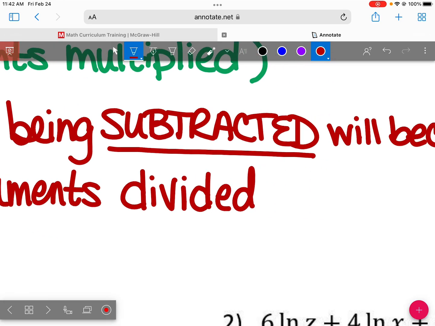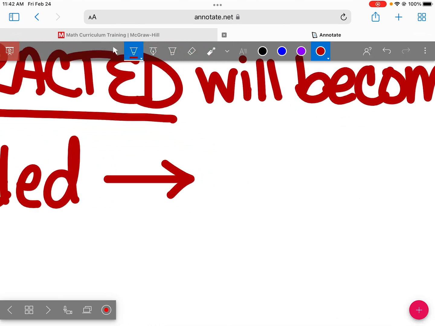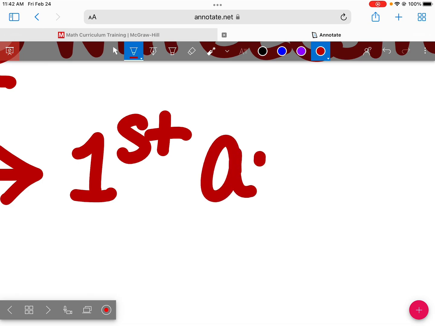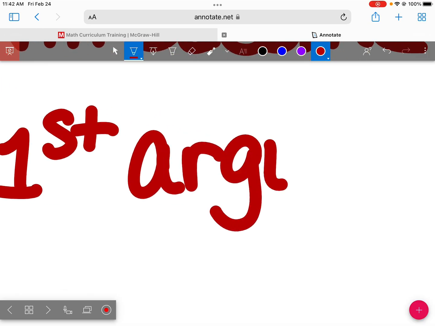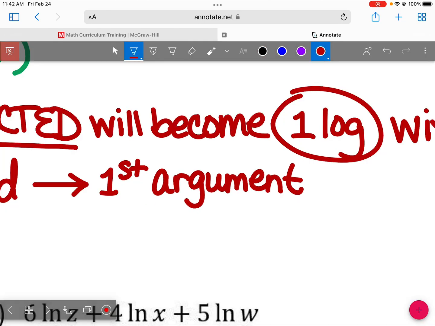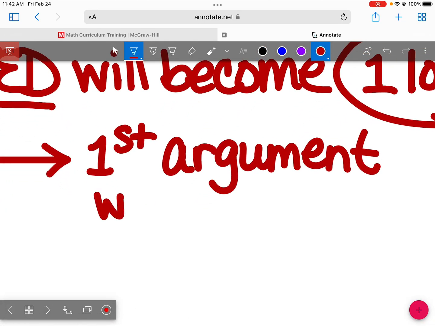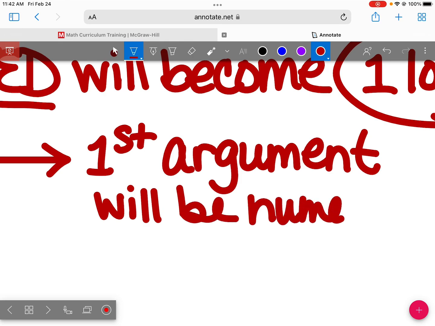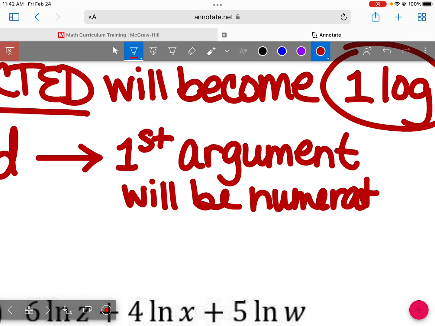All right, now it's really important to get the order of this one right. The first argument will be the numerator, or the top of the fraction.